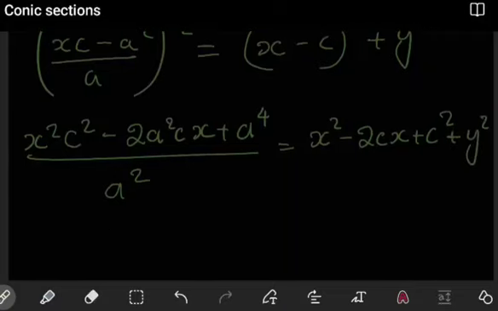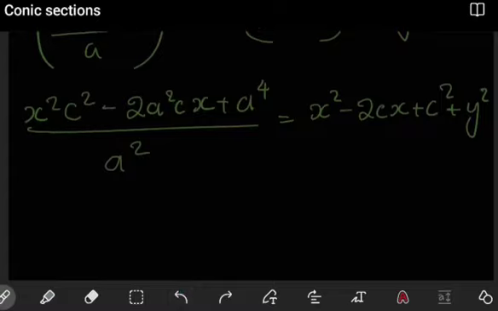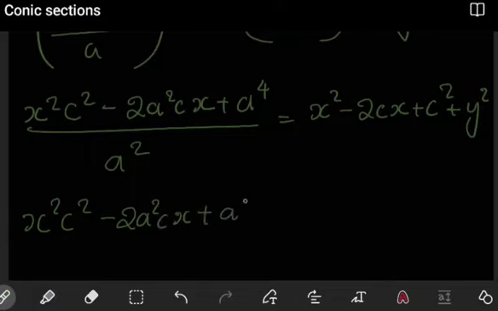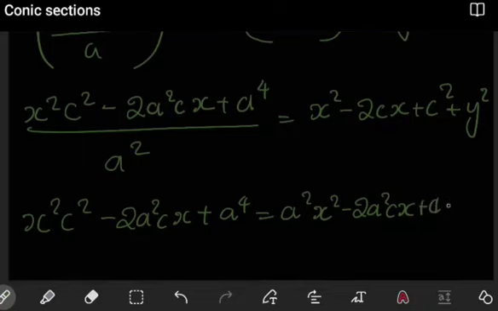If I multiply through by a squared, to eliminate this, we get x squared c squared minus 2a squared cx plus a to the power 4. Then the right side now multiply by that a squared, so that we have a squared x squared minus 2a squared cx plus a squared c squared, and you have plus a squared y squared.